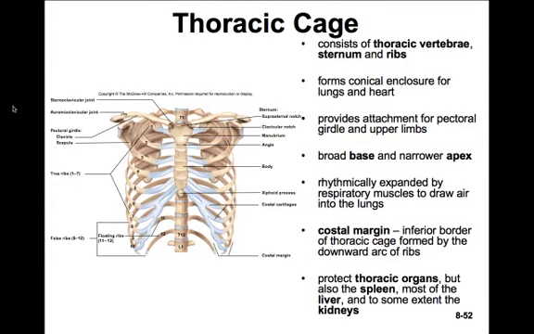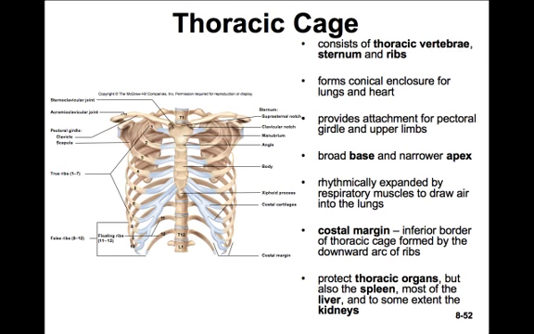So now let's finish up the axial skeleton by looking at the thoracic cage. The thoracic cage is going to consist of the thoracic vertebrae, the sternum, and the ribs. It forms a conical enclosure for the lungs and heart and provides attachment for the pectoral girdle and upper limbs. There's a broad base and a narrow apex.